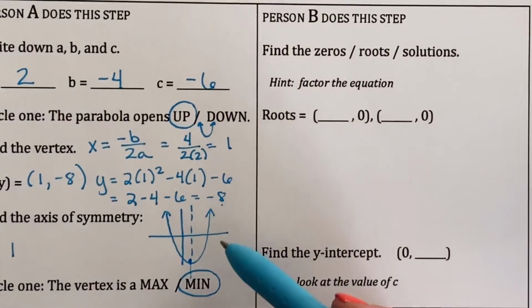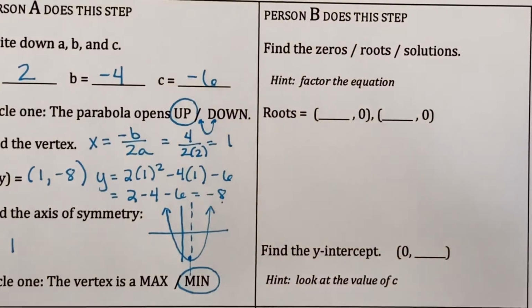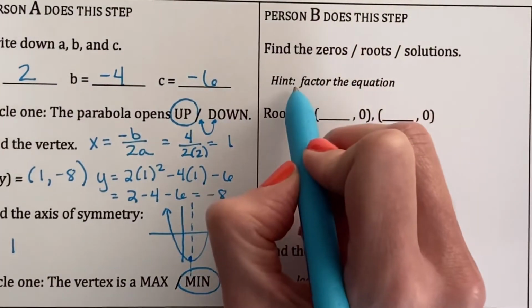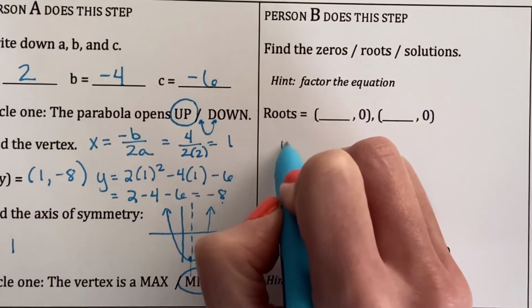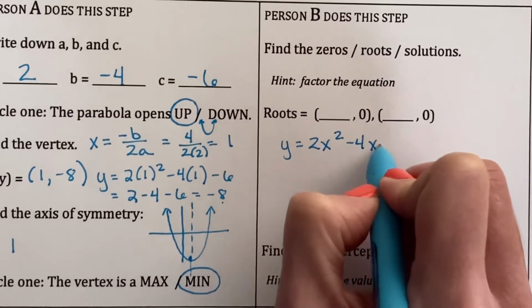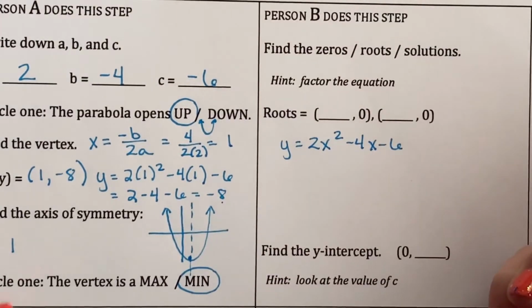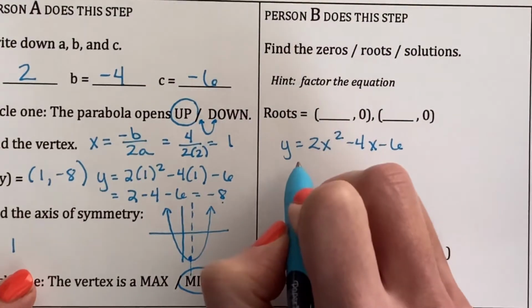We found the vertex and the axis of symmetry. Now let's go ahead and find the roots where it crosses the x-axis. So hint, factor the equation. I'm going to rewrite it: 2x squared minus 4x minus 6. I'm going to try to factor this using basic factoring. My intuition tells me it's going to factor out nicely.